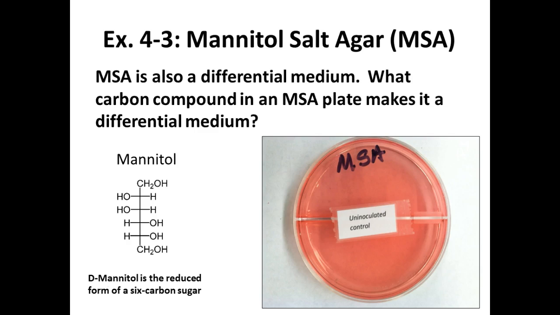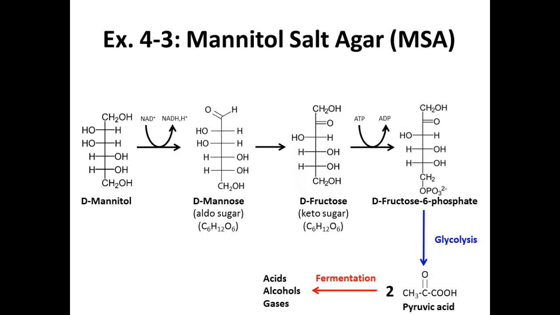Sometimes during the week, depends on the week. So, which one can we detect in this media? If they're fermenting, right, as we said, they're going to produce these things like acids, alcohols, and gases as they break down this sugar and use it for energy, in a process we commonly know as fermentation.